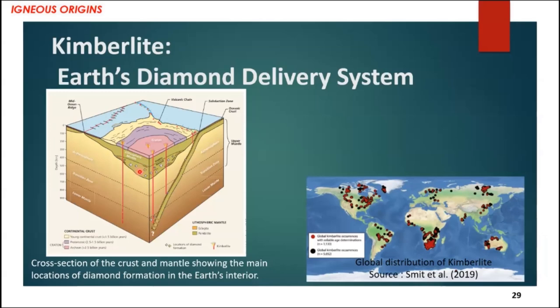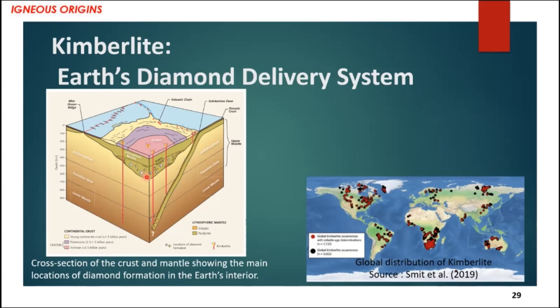So this particular diagram represents the reported kimberlite. You can identify some clusters, a well distribution of kimberlite in South Africa, the western part of Australia, and here on the American side or Canadian side.